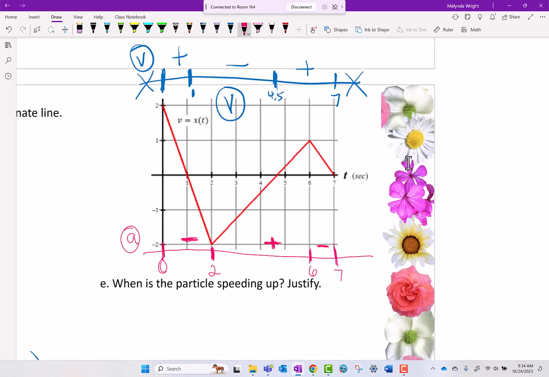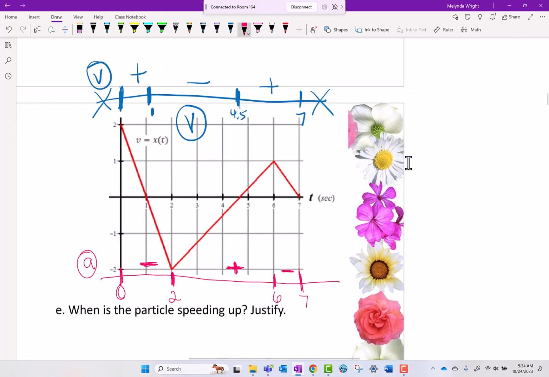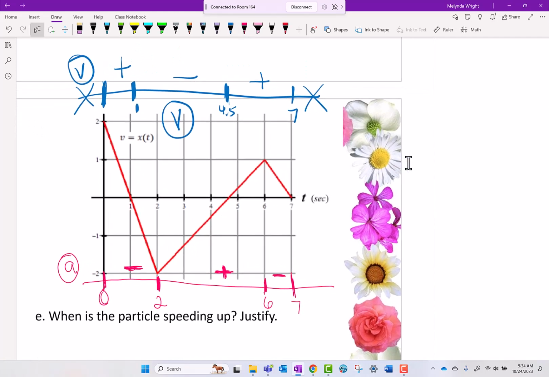So now what am I going to do? Well, I have to compare the sign charts. Now, this is where students get confused. I don't know if this is going to help or not, but I'm going to draw lines. Everywhere I have a number, I have a line all the way down.